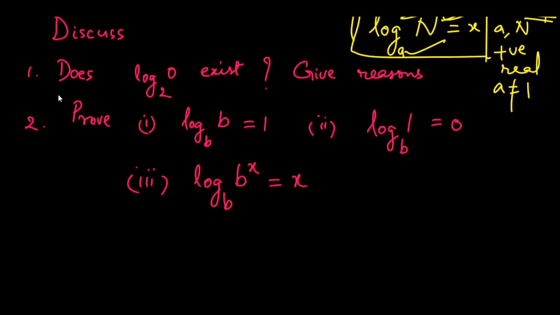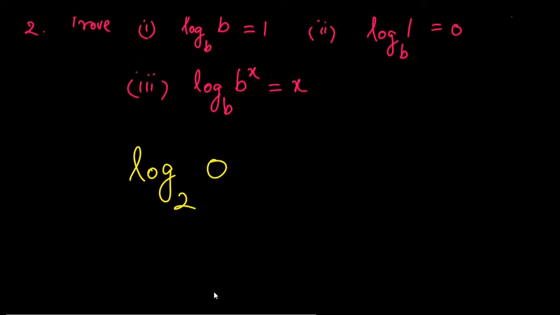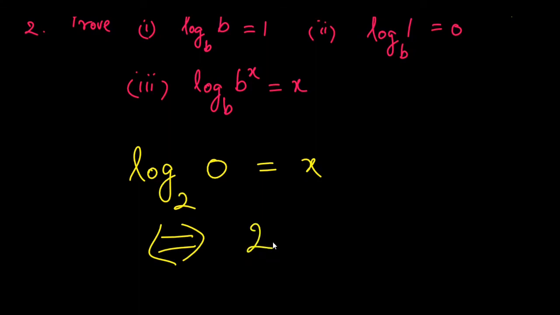Does log of 0 exist or not? Let us say this is equal to x. Now convert it into exponential form and look at whether it is valid or not. 2 power x is equal to 0. Is it valid or not?